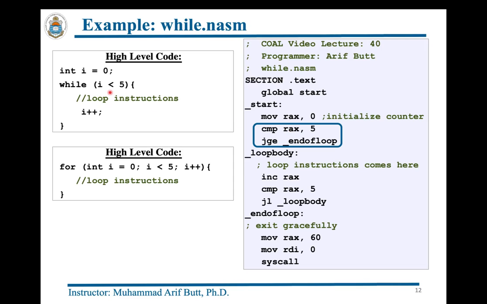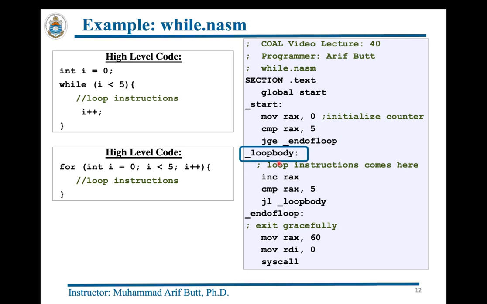In the C code snippet, the condition to execute the loop body is i is less than 5. And over here we have used the reverse condition: jump if RAX is greater than or equal to 5 to this label end_of_loop, that is over here, out of the loop body. Right now, since the condition is false, the jump will not be performed and the control will move on to the next instruction in sequence, which is the loop body.